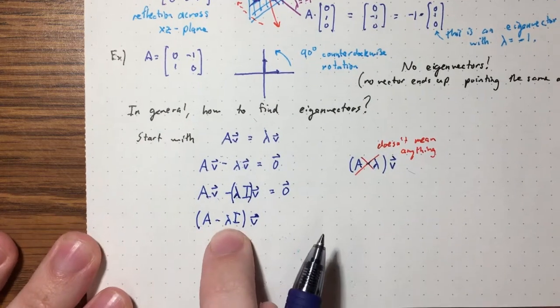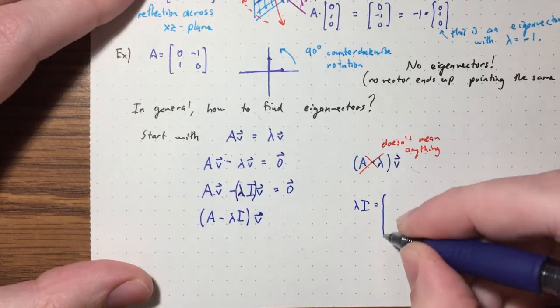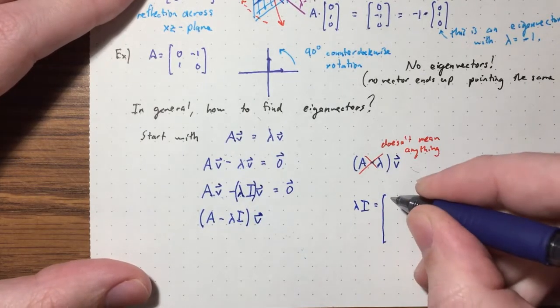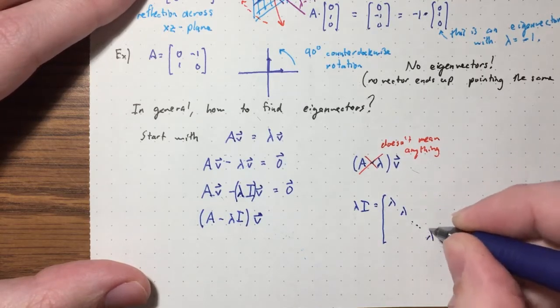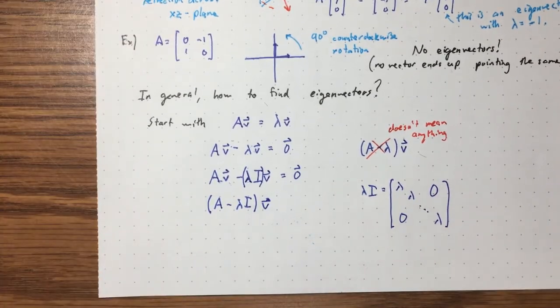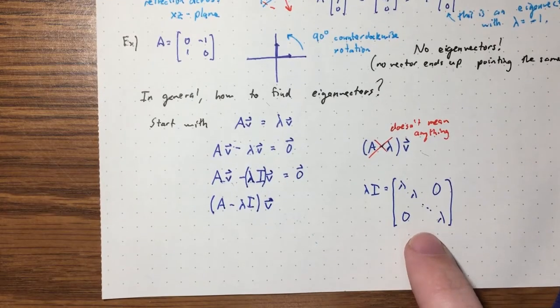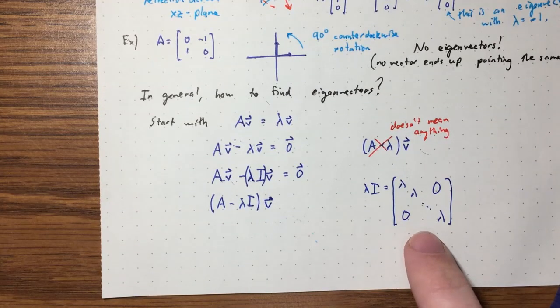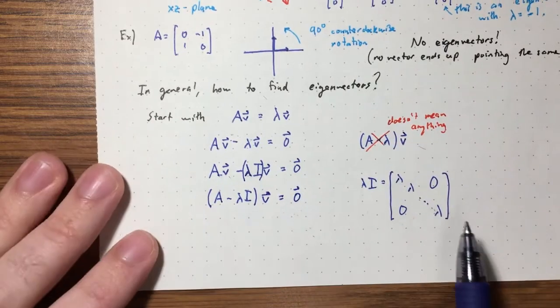Now this is a matrix, right? What is this matrix lambda I? Well, it's just a scalar lambda times the identity. So identity has ones down the diagonal. So this one will have lambdas down the diagonal, zeros everywhere else. All right, so that's what lambda I is. And so I do A minus this matrix, which has lambdas down the diagonal, and I get a new matrix.